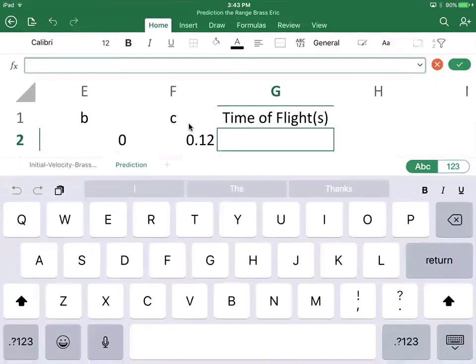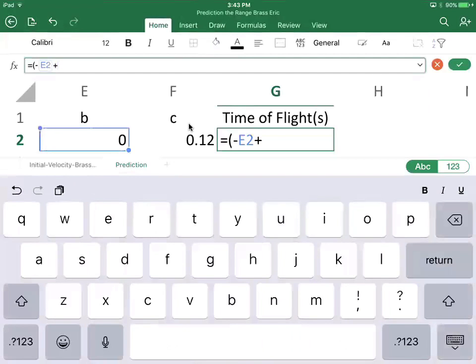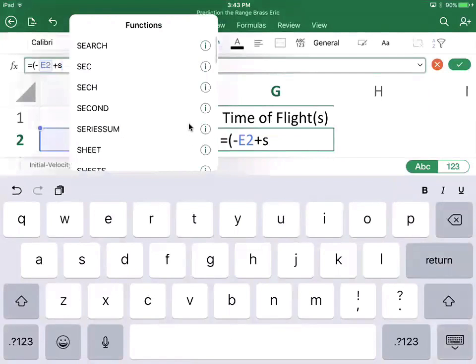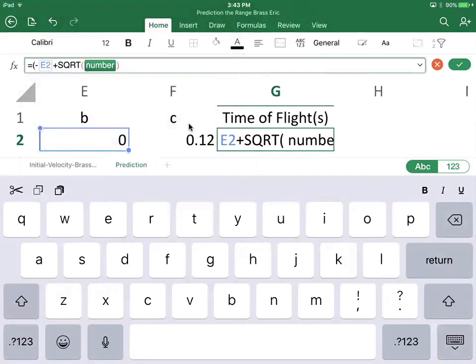And I'm just going to say that this is equal to, put our parenthesis up here first. It's going to be a negative B plus, that's going to be our first solution, plus the square root, that's SQRT, of a number.